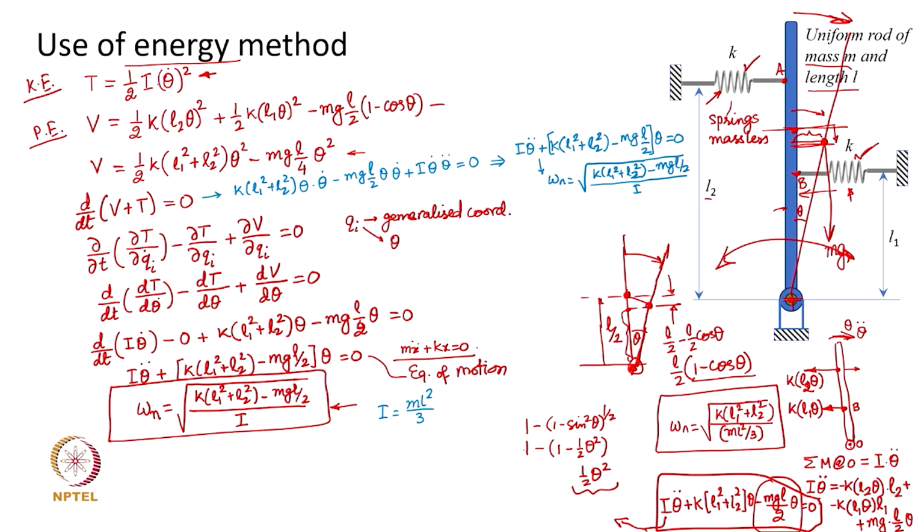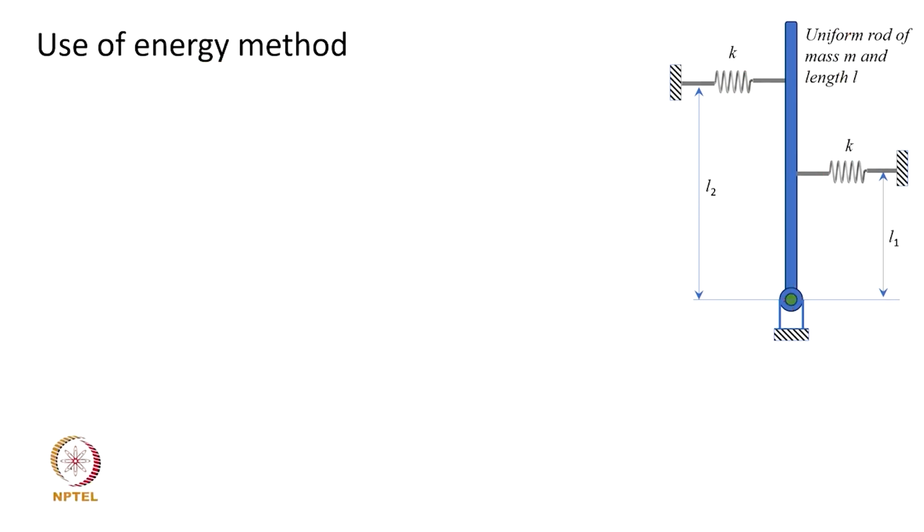Although the expression for the natural frequency we have obtained is k (L1 square plus L2 square) minus mgL by 2 over I, which is now being replaced with ml square by 3, the numerator, k (L1 square plus L2 square) minus mgL by 2, can in some cases turn out to be 0, depending upon the value of k relative to the mass of the rod.